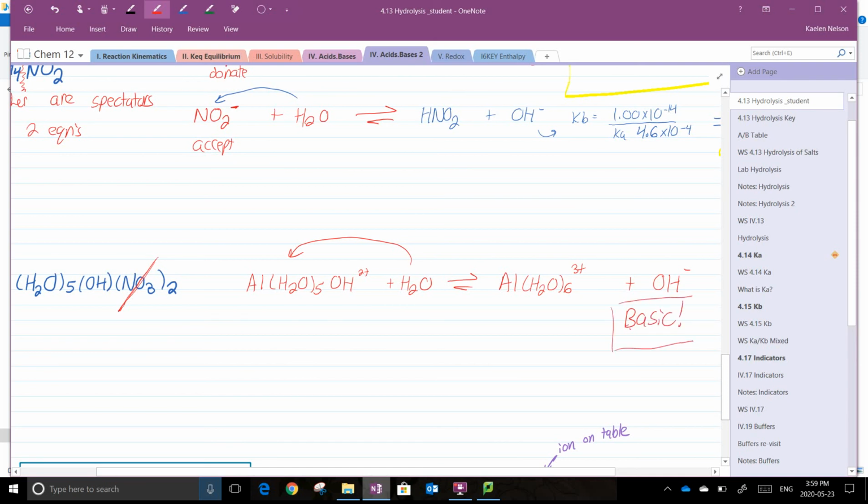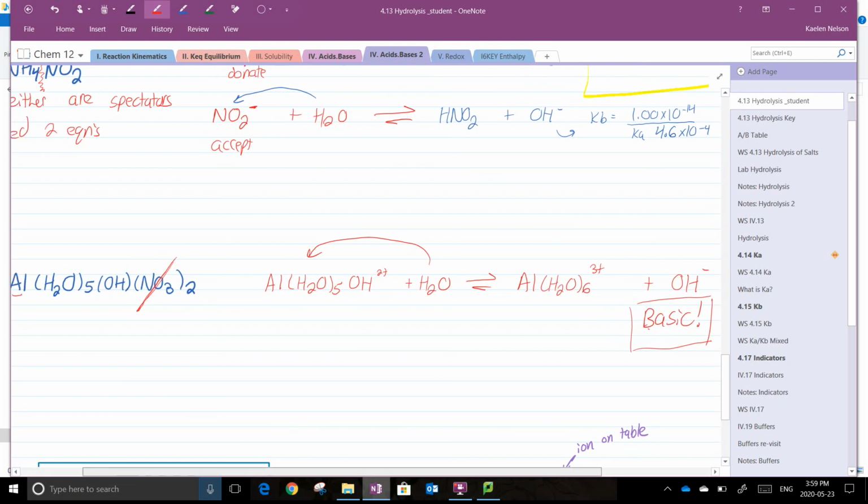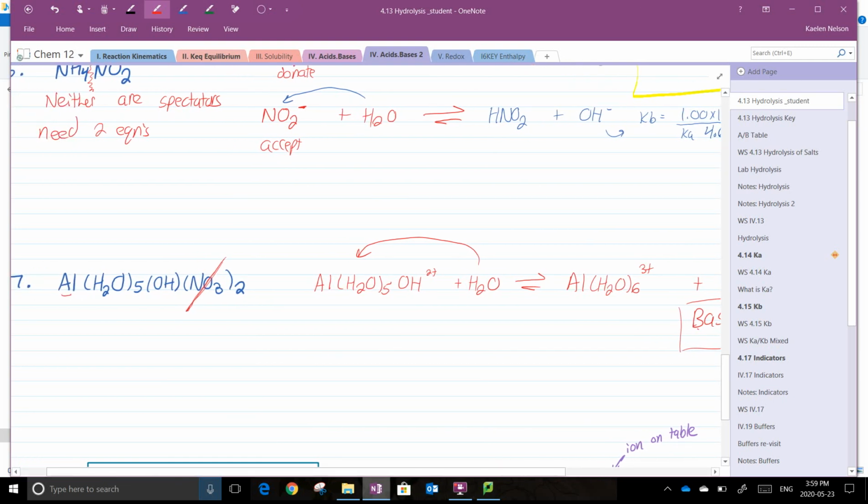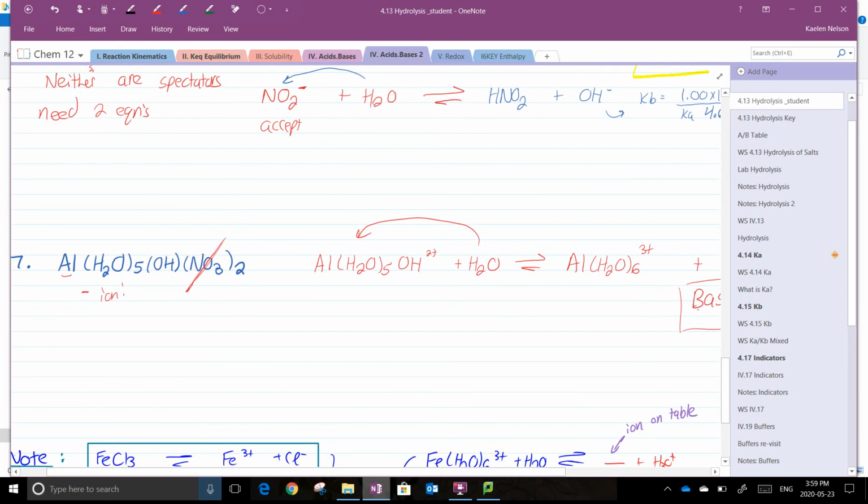Okay, so that's one that started with the negative ion, so this is my negative ion once I get rid of the NO3. Sorry, I shouldn't have called that the negative ion because it's the 2 plus. The 2 plus version, which is the one on the base side.